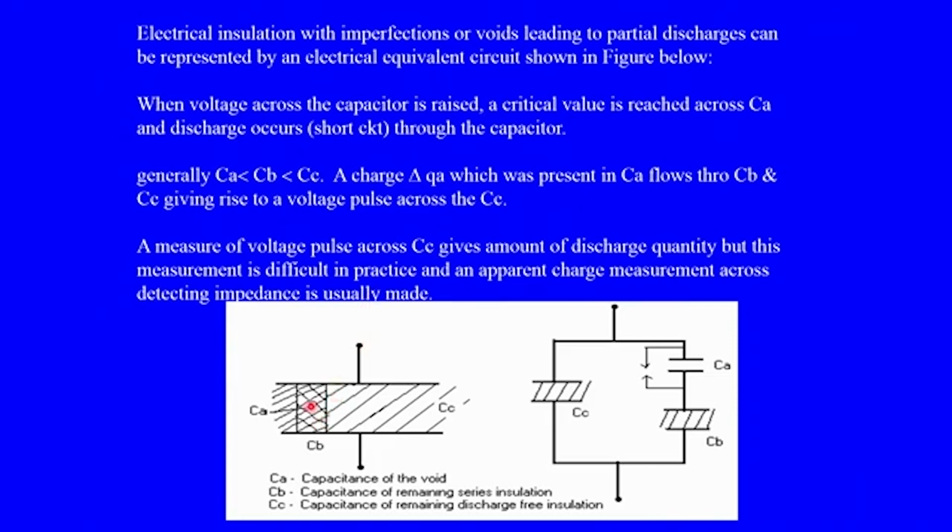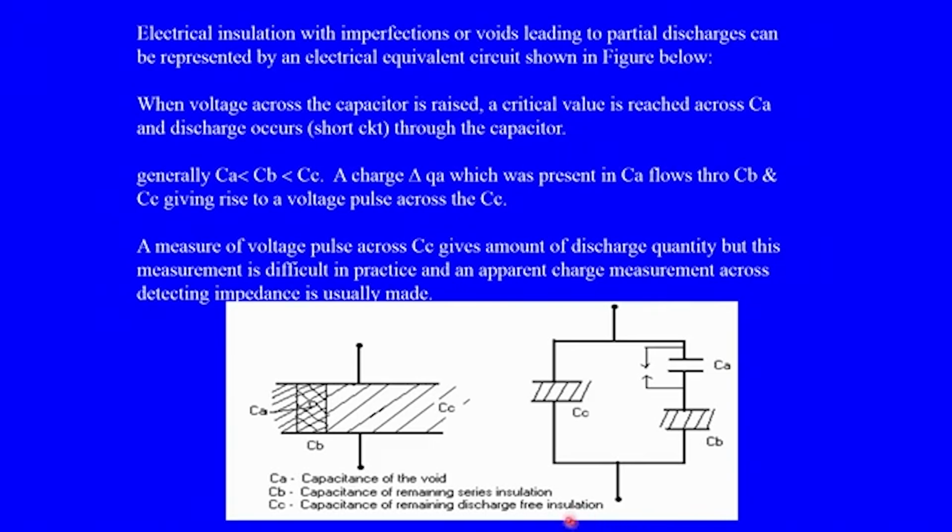A very little charge, QA, which was earlier present in CA, flows through CB, and then goes to CC, giving rise to a voltage pulse across CC. When we measure the voltage pulse across CC, a small pulse is generated by a small charge emitting from the void, termed as capacitance CA.